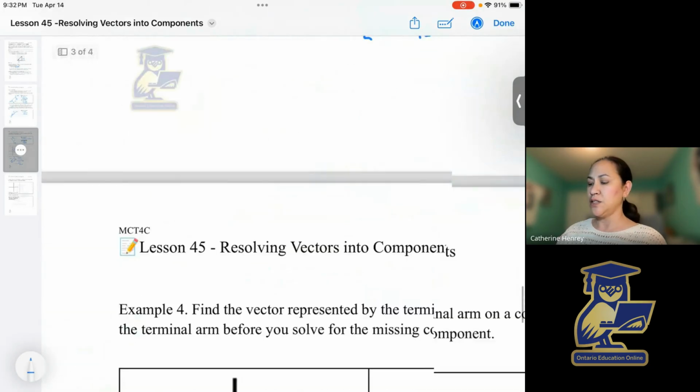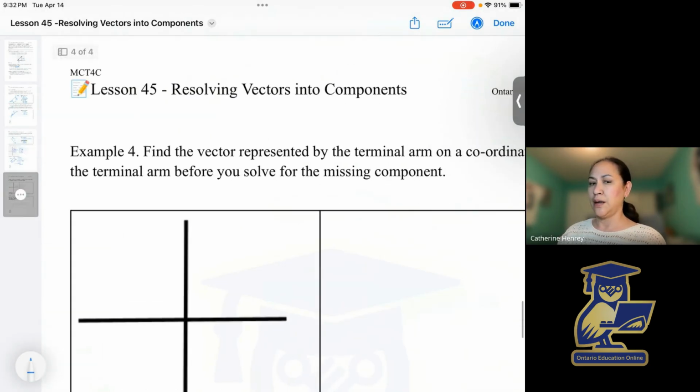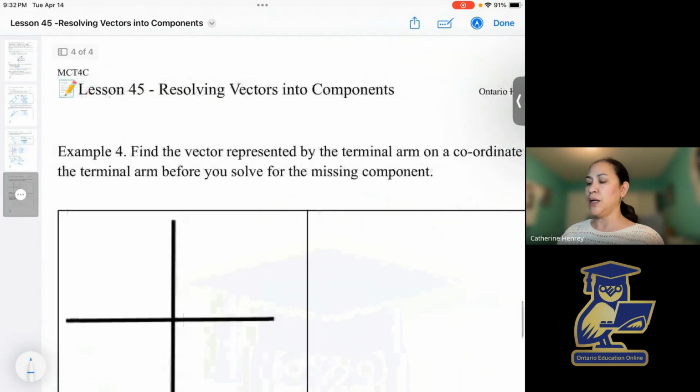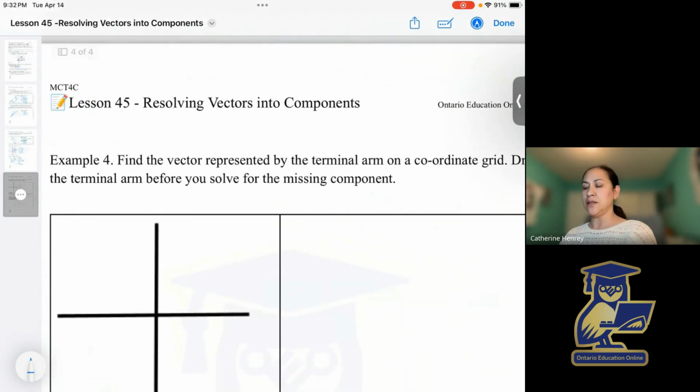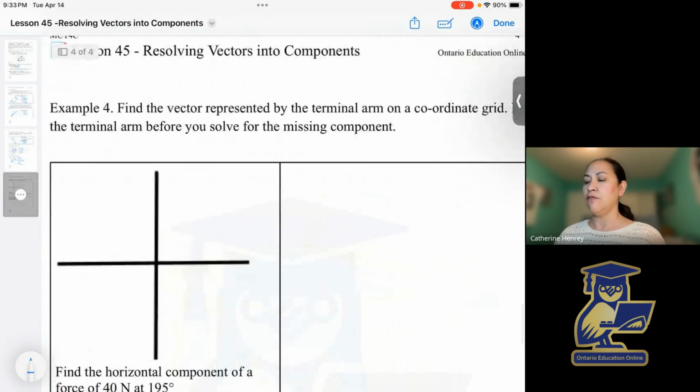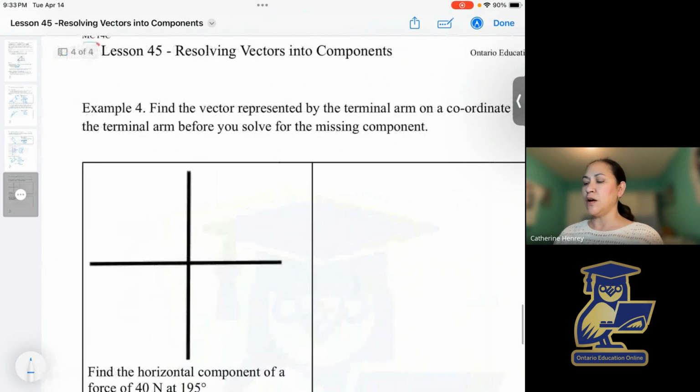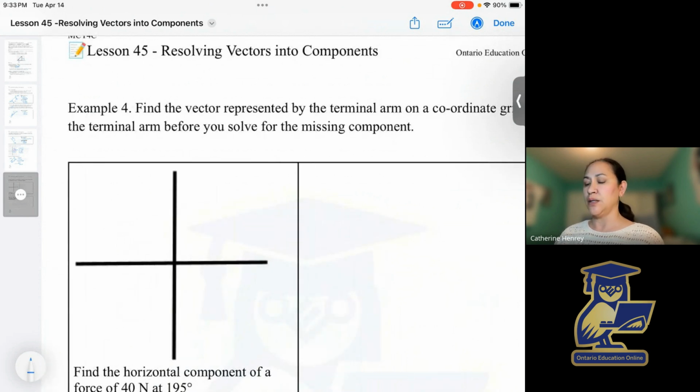We're going to move on to a couple more things. Here we have another example. I'm going to think back to our coordinate grid and the quadrants of the grid. So here I have just a schematic. Find the vector represented by the terminal arm on a coordinate grid. Draw the terminal arm before you solve the missing component.